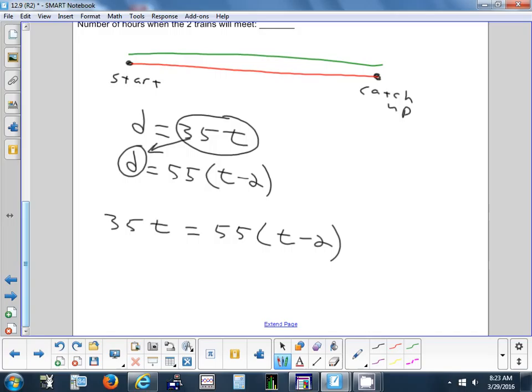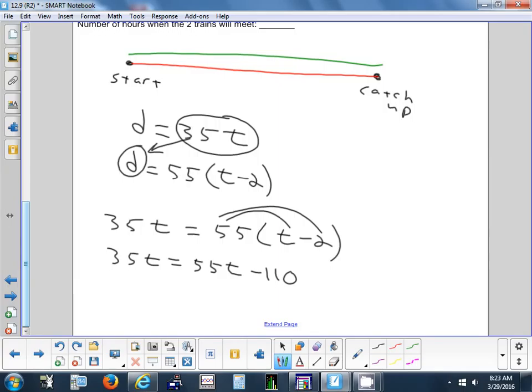All right, next step, what am I going to do with that 55 on the outside? Caitlin? Yeah, we're going to distribute it. So we get 55T. And does anybody know what 55 times negative 2 is? Good, negative 110.